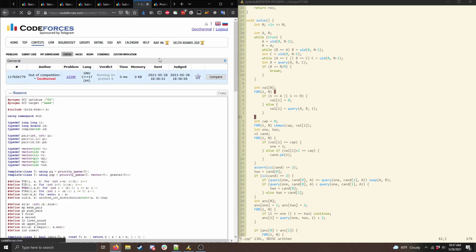Okay, I legitimately do not know what I did to fix this. Kind of worried though, because this definitely seems like the type of problem where you could very easily just get WA on some pretty high test number, so we'll see how this goes.